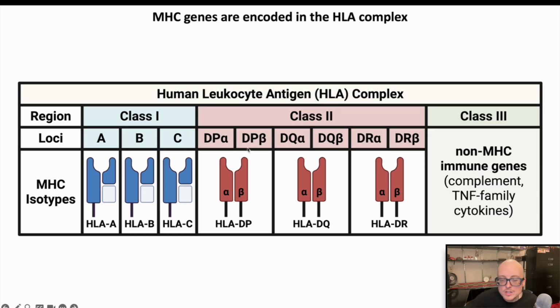The dimerization, though, I should point out, does not occur promiscuously across isotype. What I mean by that is that DP alpha chains will only dimerize with DP beta chains, and you don't see cross dimerization, for example, of a DP alpha chain with a DQ beta chain. The chains always dimerize within their isotype, DQ to DQ, DR to DR, and so on.